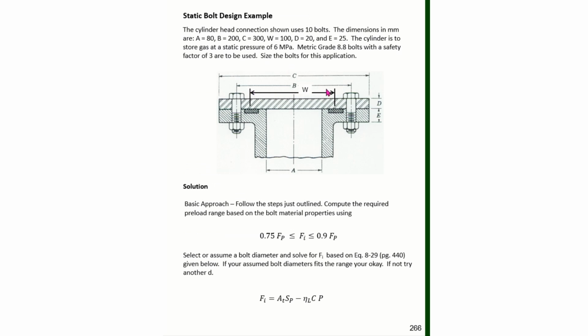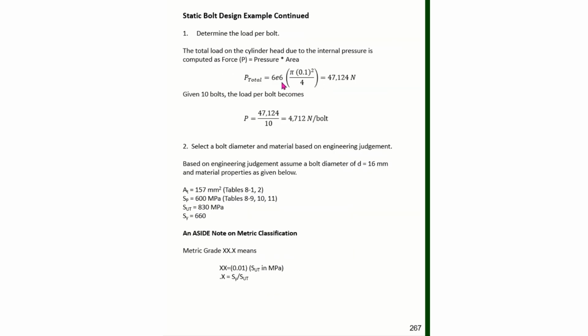So to find the total force, we take the pressure times the area, and that'll give us the total force on the cylinder head. The pressure is 6e6, the area would be pi d squared over 4, where our d is the W dimension of 100 millimeters, which we'll put in units of meters, and we'll compute 47,000 newtons for the total force on the bulkhead.